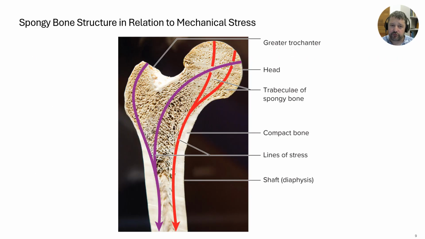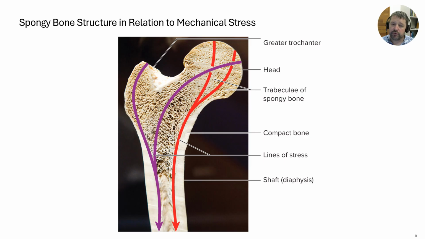Okay, so the last thing I just want to talk about, and we'll talk a little bit more about this, is Wolff's Law. So Wolff's Law states that any place where you might have stress, typically from weight or muscle pulling on that material, you have what we call a line of stress, and those lines of stress are going to be where you have a transition from spongy bone to compact bone.